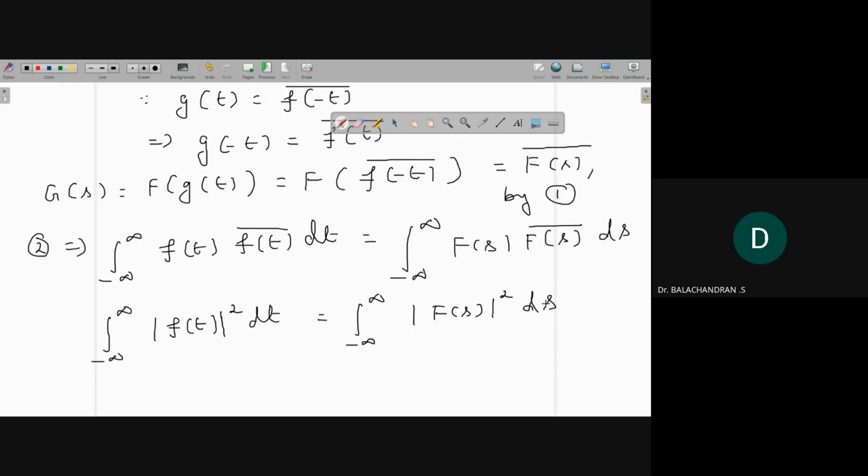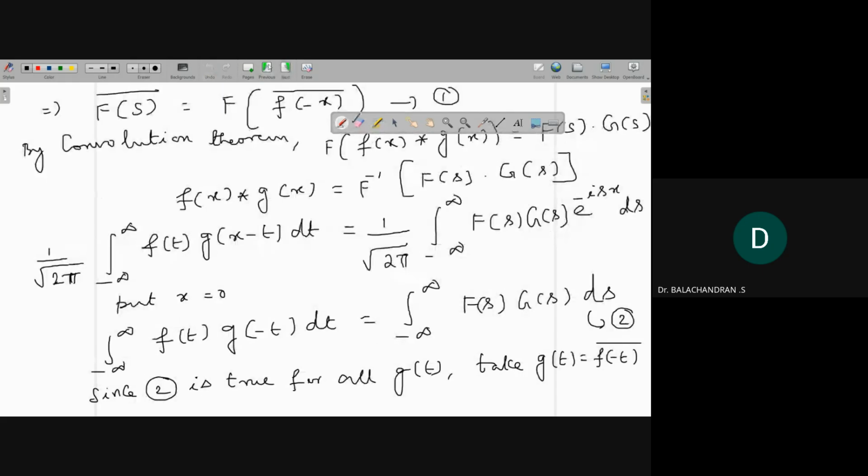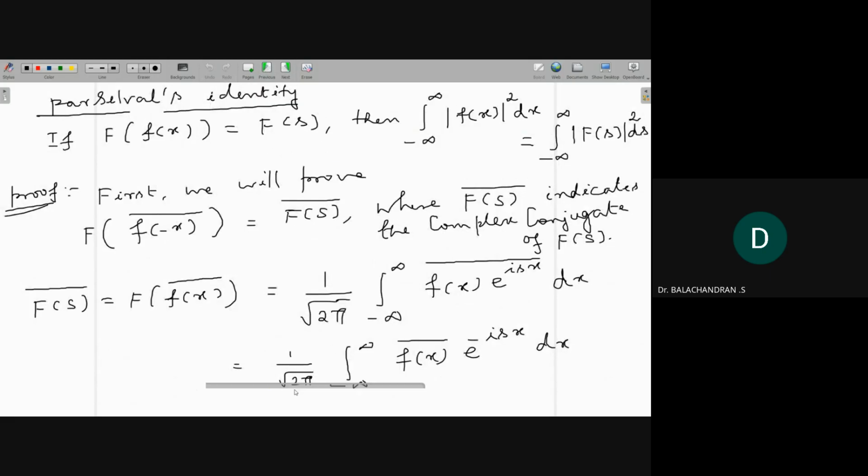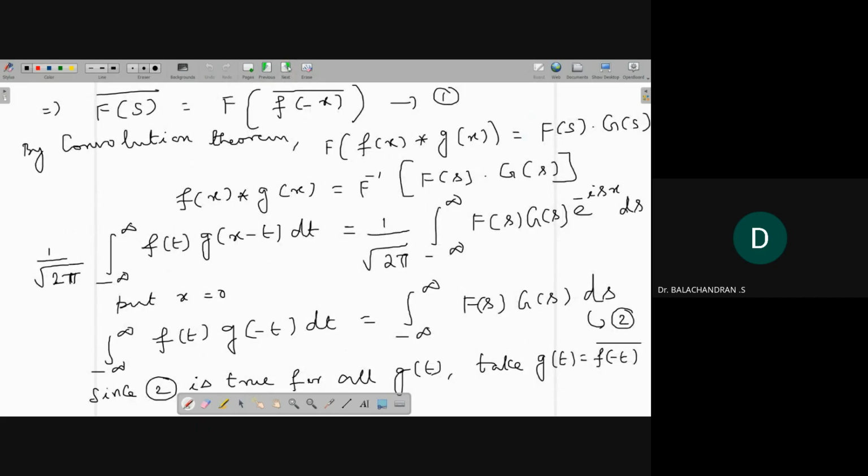So again I'm going to check the statement. Here we have f of x. So change the dummy variable and we'll get the result.